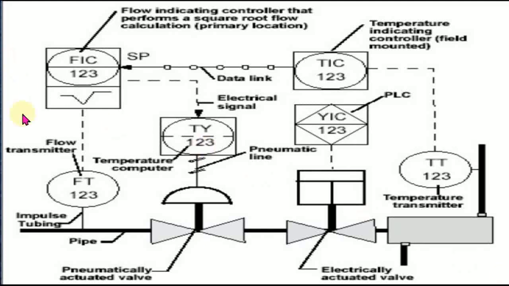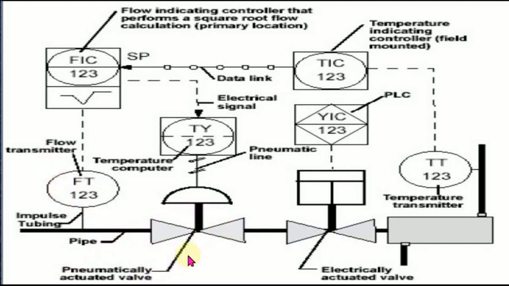We have here the FIC, which is a flow indicating controller that performs a square root flow calculation, primary location. We have also the TIC, temperature indicating controller, field mounted. We have also the TY, temperature computer, and FT, flow transmitter.